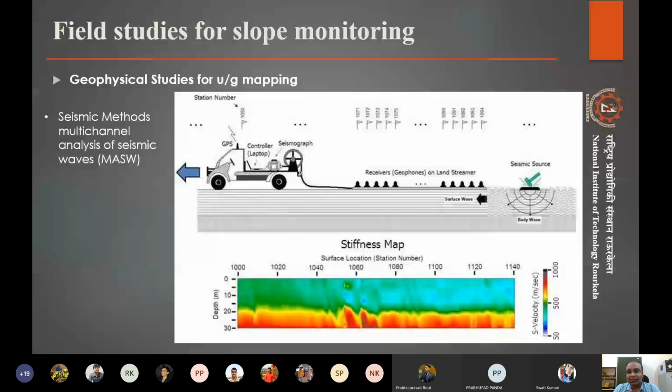If there is a difference in density, it will affect how some waves propagate, or even gravity can be affected by the local density of the material, right? Then magnetic forces. If an iron-rich area is there, that will certainly affect the magnetic profile of the area.